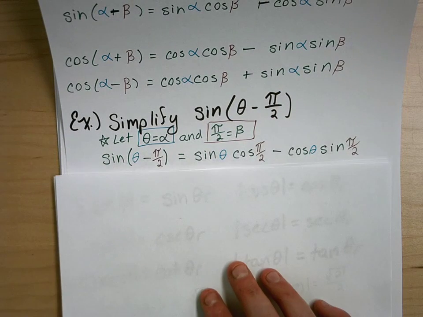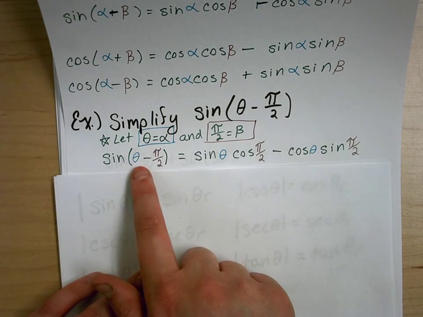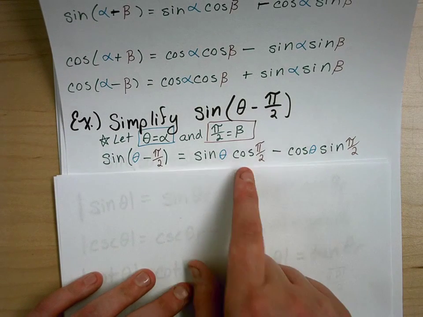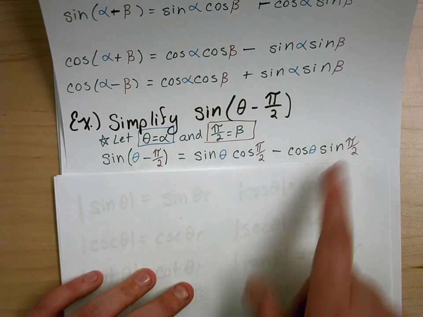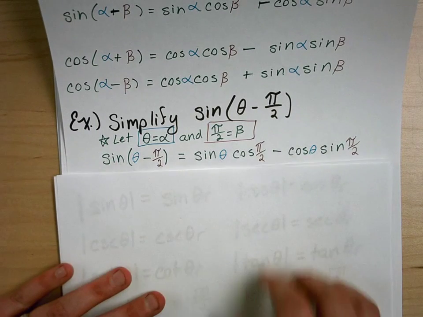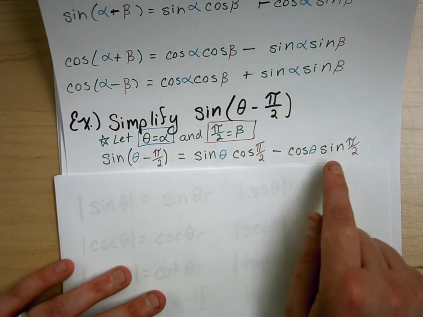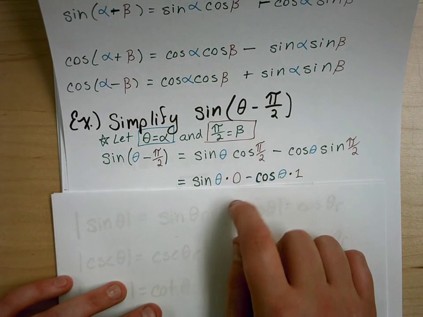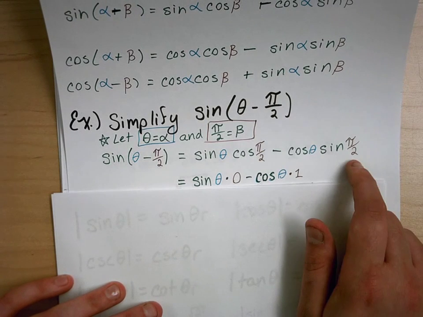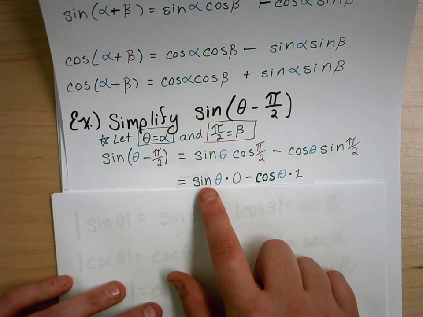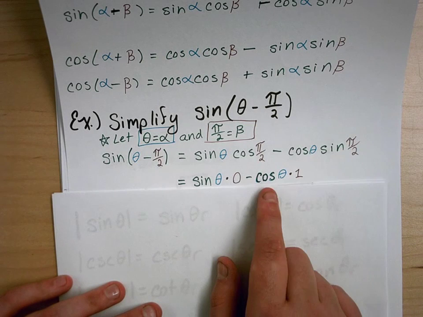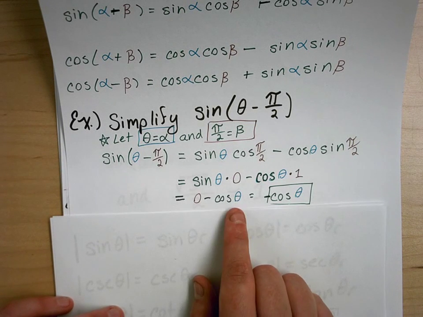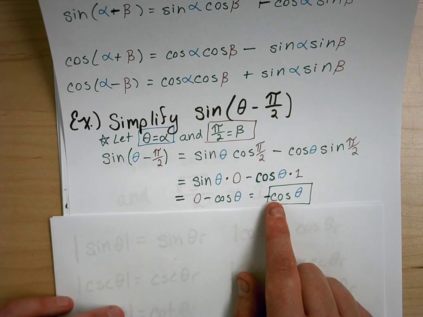If we plug those in, we get sine of theta minus pi over 2 equals sine of theta times cosine of pi over 2 minus cosine of theta sine of pi over 2.